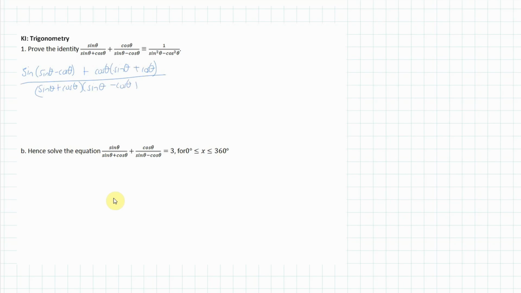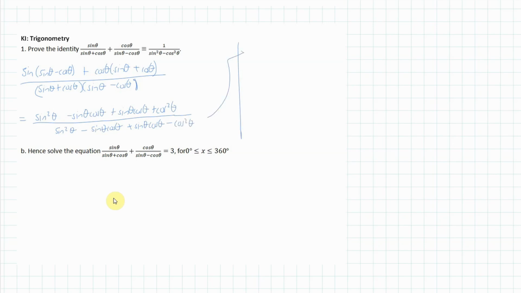Now let's concentrate on the top. We'll get sin squared theta minus sin theta cos theta plus sin theta cos theta plus cos squared theta. That's the top. Now the bottom we're going to have sin squared theta minus sin theta cos theta plus sin theta cos theta minus cos squared theta.